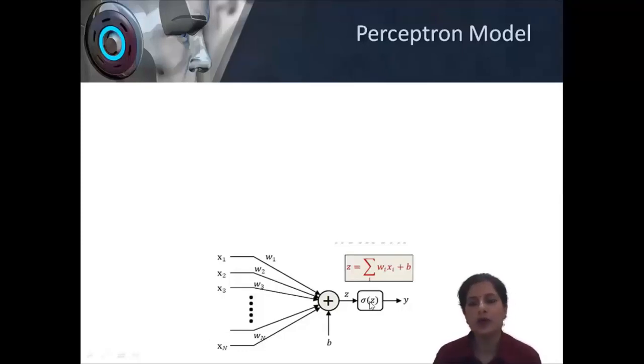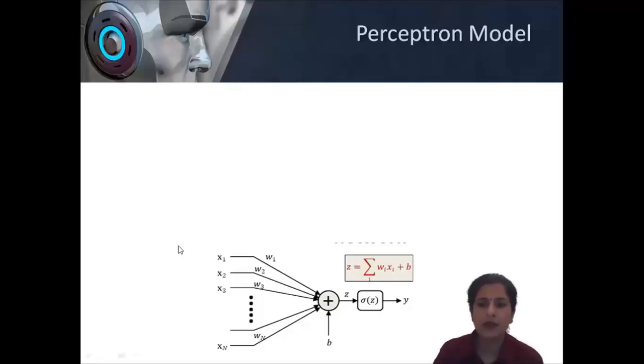If the summed potential was above the threshold in the MP model, the output was 1; if it was below the threshold, it was 0. But here there is no such restriction. You could use any linear or nonlinear function as desired in the perceptron model, so my output was not fixed to be a binary value. It could be a real value, a bipolar value, any value as computed by the activation function.